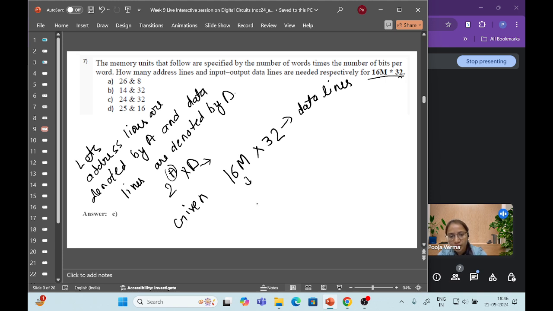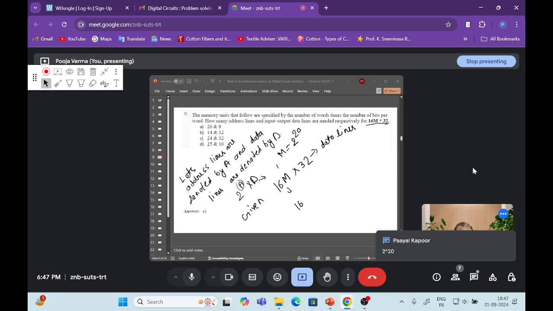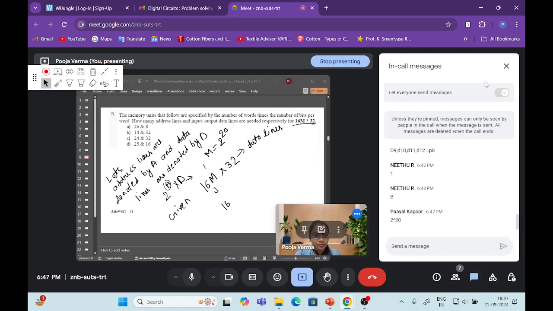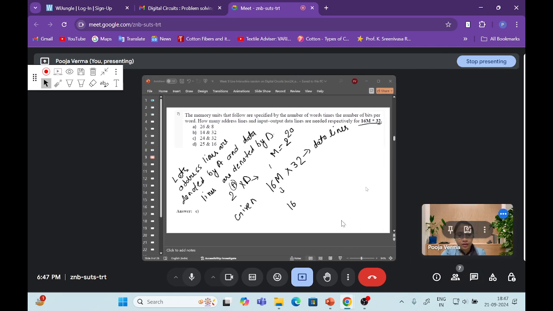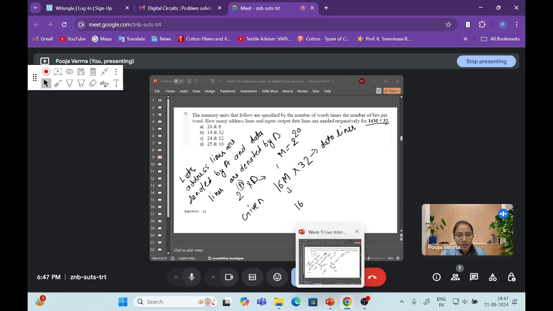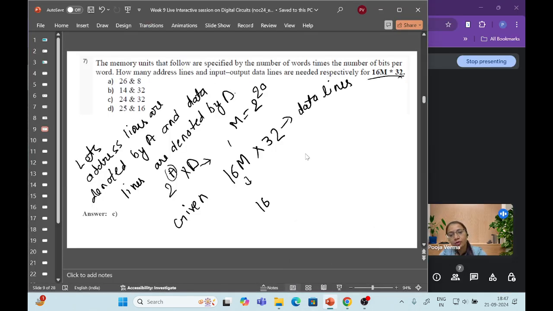So in a memory unit, M is represented by 2 to the power 20. In binary, the representation of M is 2 to the power 20.